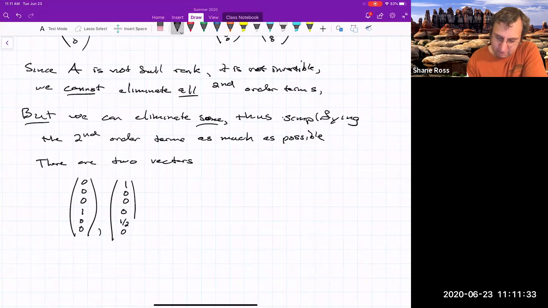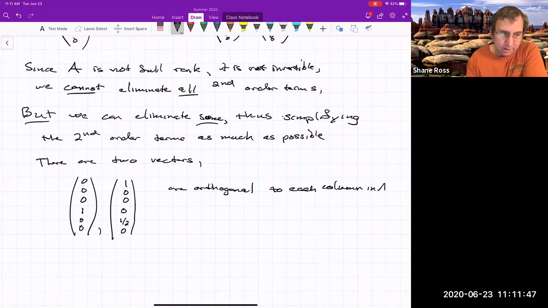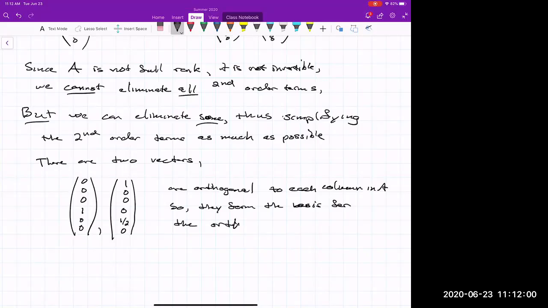It's a 1/2 and that's second to last. So these two vectors are orthogonal to each column in A. So that means they form the basis for the orthogonal complement.